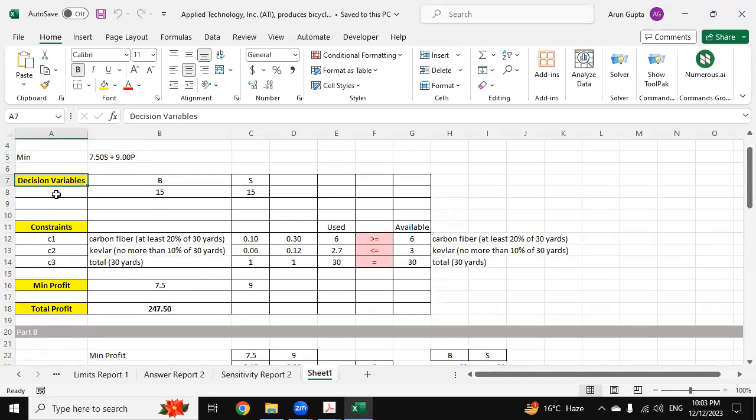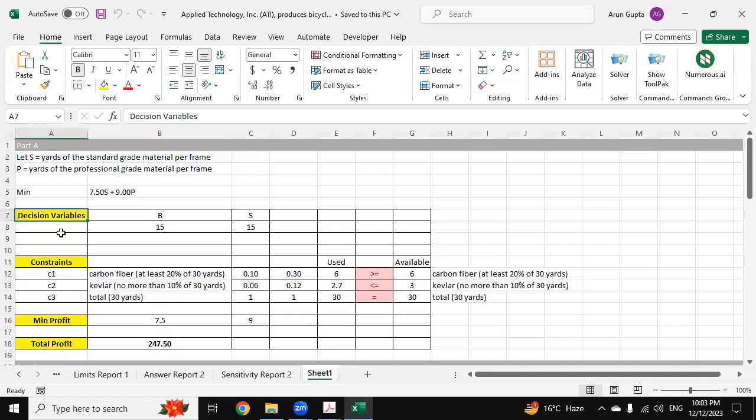Then we have decision variables, and sorry, this is P and this is S. And we have constraints C1, C2, and C3. These are all taken from the question itself. So these constraints have been taken automatically when we've used Excel Solver.